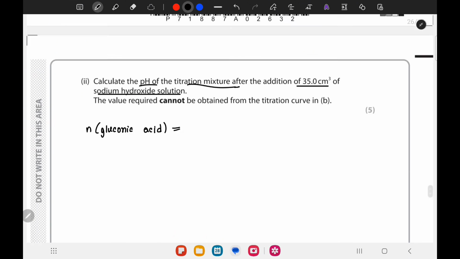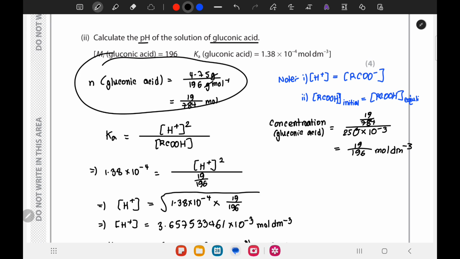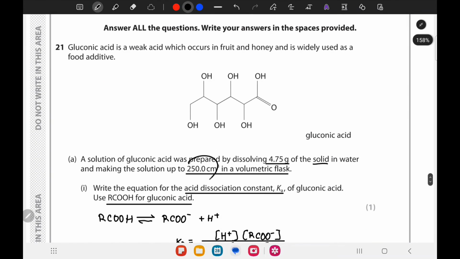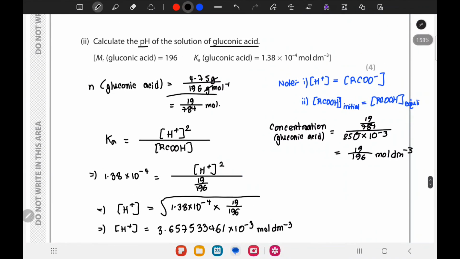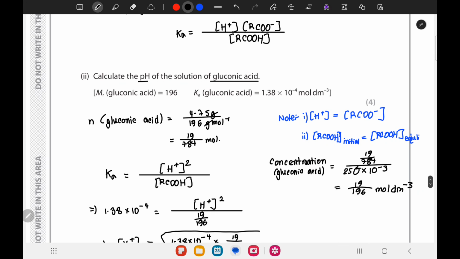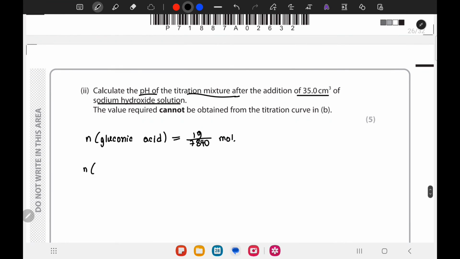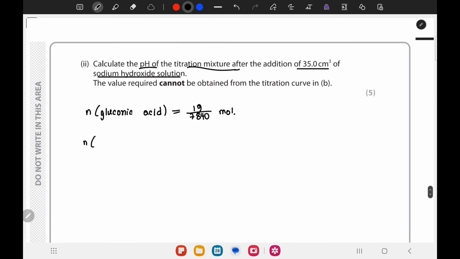We already know the number of moles of gluconic acid, but this is in the case of 250 cm cube. So we'll just divide it by 10 to get the number of moles in 25 cm cube. It will be 19 by 7840 moles.